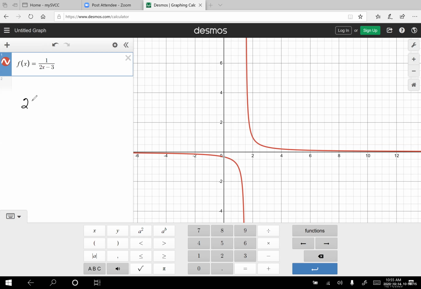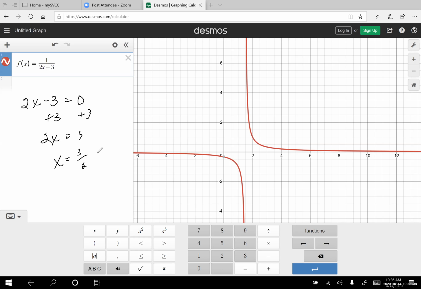So I do a little scratch work out to the side. I'm interested in what makes 2x minus 3 0. And now I have a little algebra 1 equation. These are the ones we like to solve. They're easy. And that's 2x equals 3 and x equals 3/2.